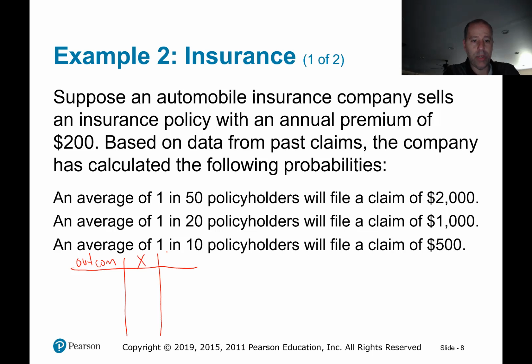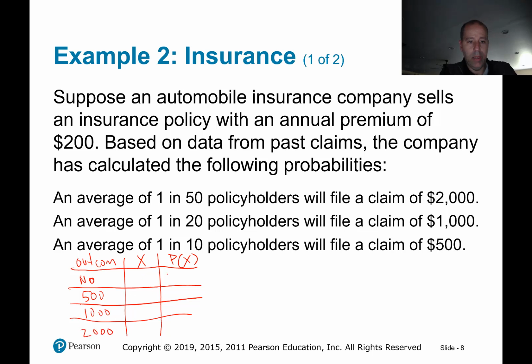Here's X, which we're going to call the net gain for the insurance company, and then the probability of X. Again, we're going to have our 4 possible outcomes: no claim, and then a $500 claim, $1,000, $2,000. The net gain is what's the net gain for the company. If there's no claim, the company earned $200.